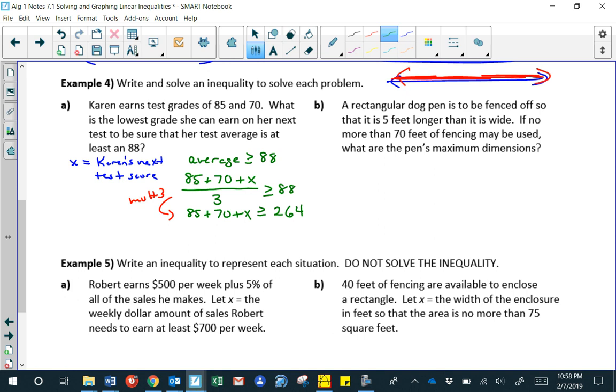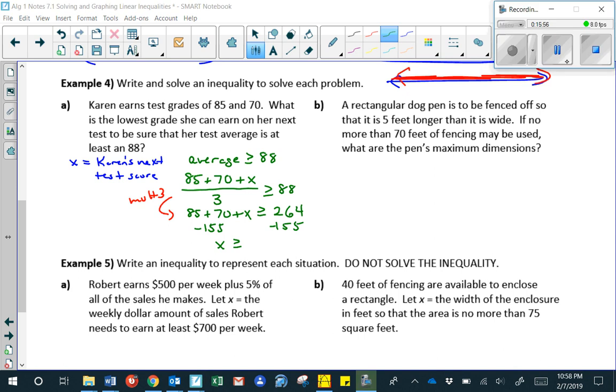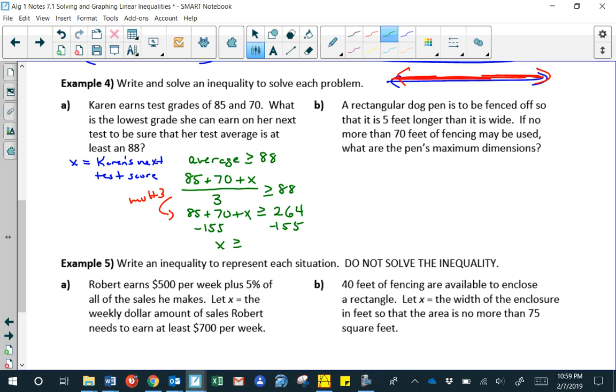And then we can subtract off 85 and 70. 85 and 70 are 155. So I'm going to subtract off 155 from both sides of this inequality to get x is greater than or equal to 109.